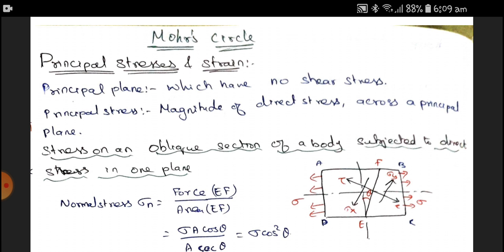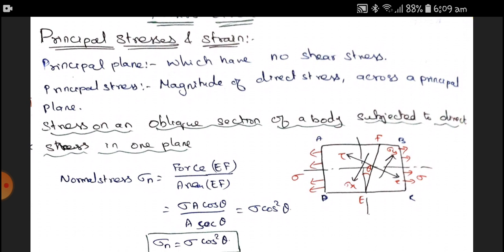Direct stress means that in the plane there is no shear stress, where only normal stresses exist. Therefore, the magnitude of direct stress across a principal plane is called a principal stress.